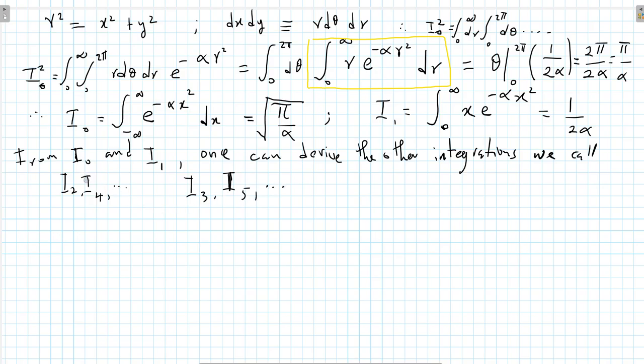So you get the even ones from I0, you get the odd ones from I1.